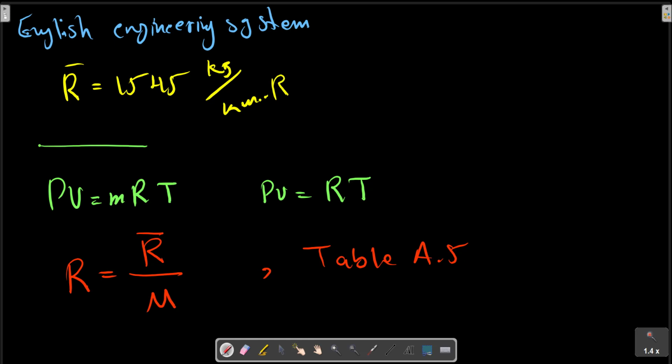However, two questions are now appropriate. The ideal gas equation of state is a good approximation at low density, but what is low density?